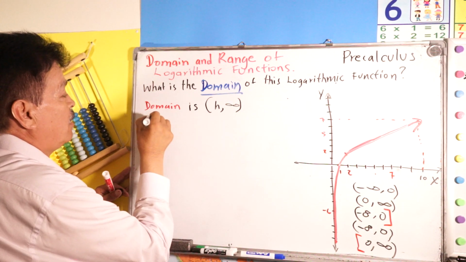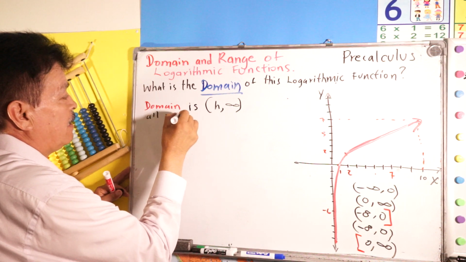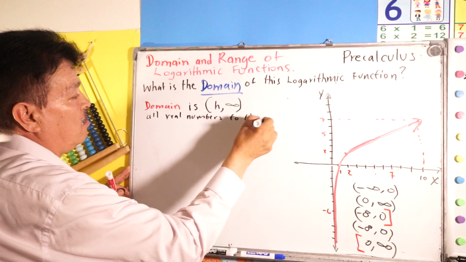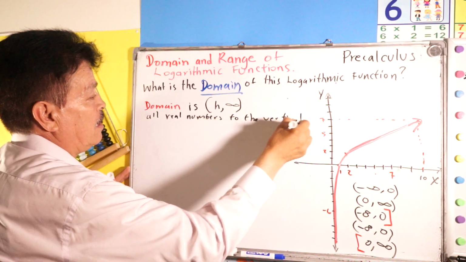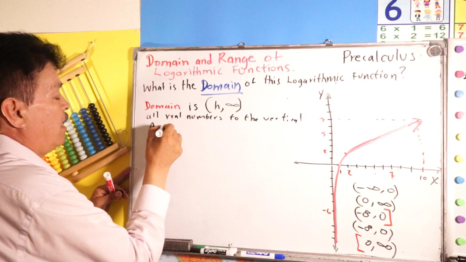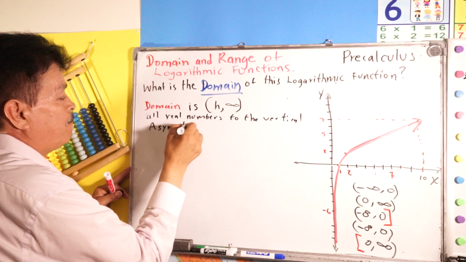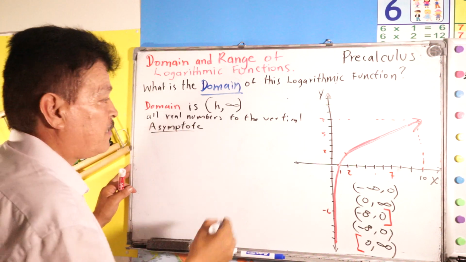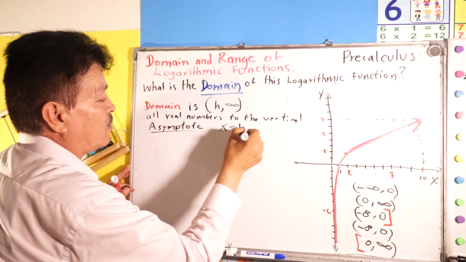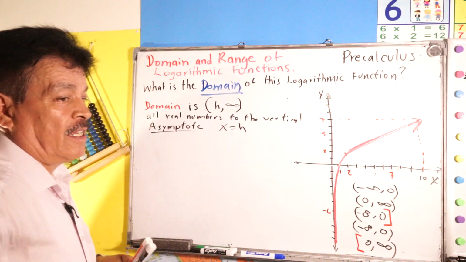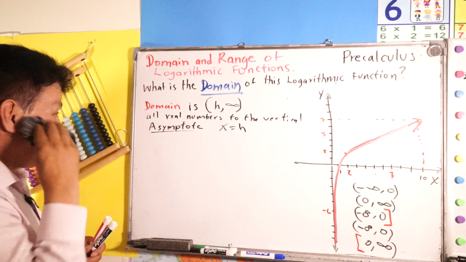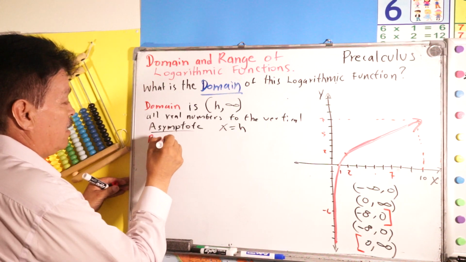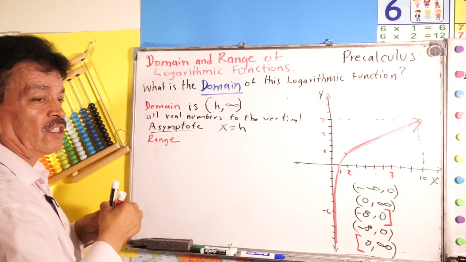All real numbers, all to the vertical asymptote. All right. So this means x equals h. So in range, let me write again here something. Range is all real numbers.